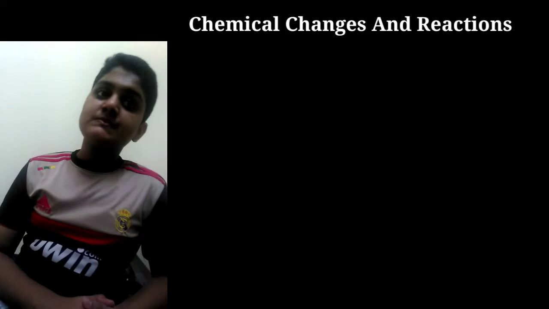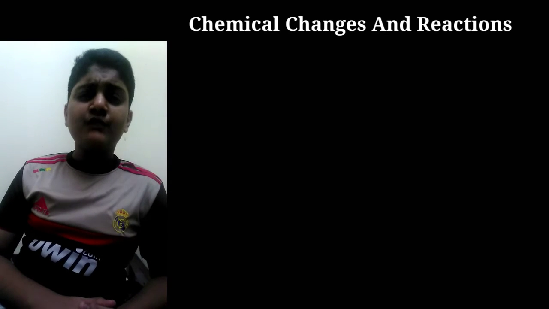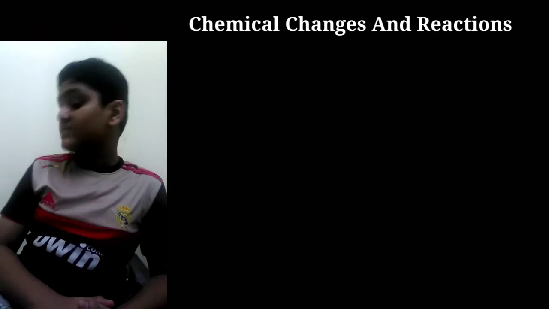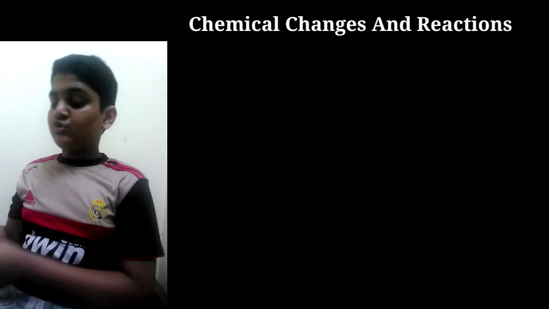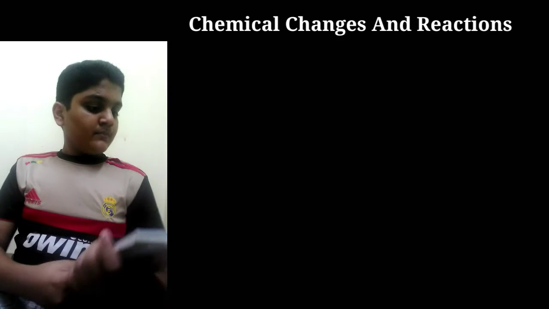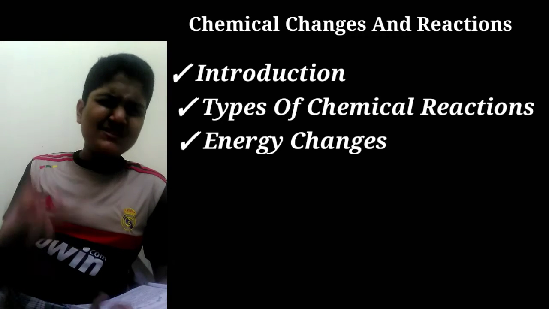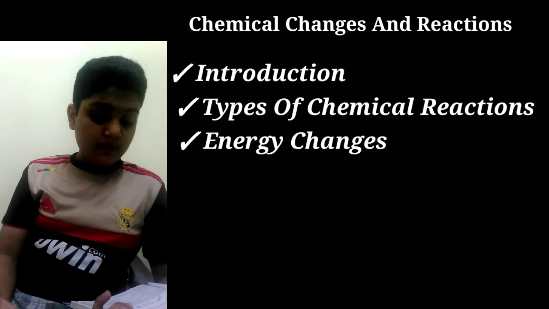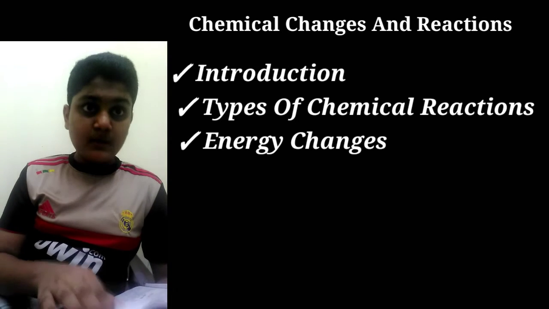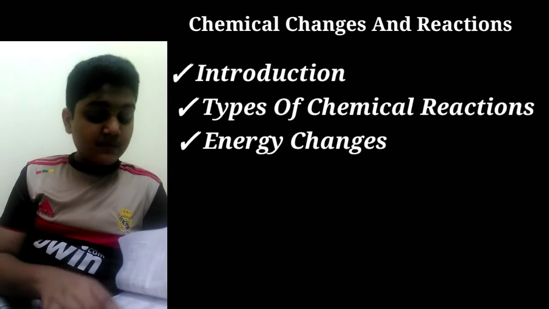According to the latest syllabus prescribed by ICSE, after 25% reduction of portions in July 2020 for the 2021 examination, the portions are: you have introduction. Introduction includes the definition, chemical bonding, representation of chemical equation, and types of chemical changes.